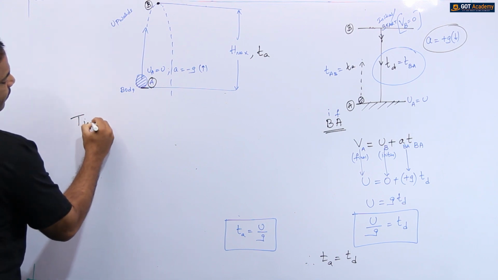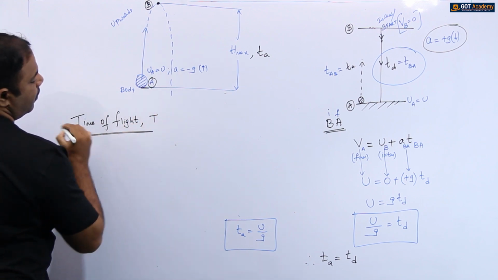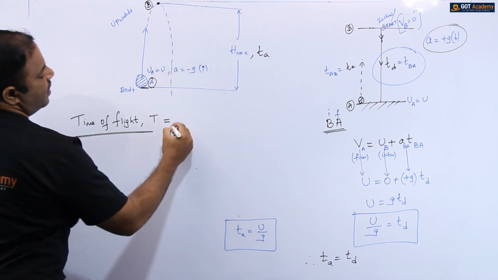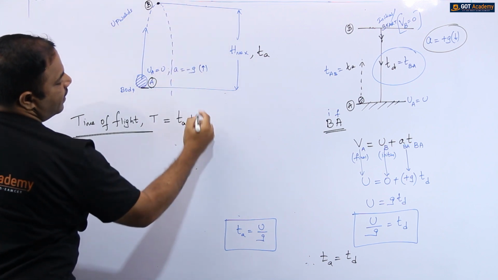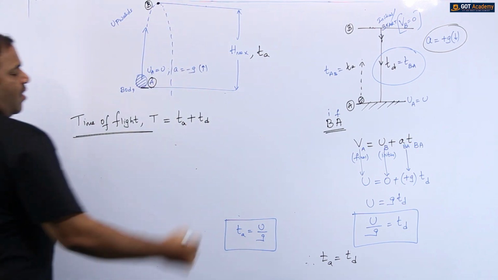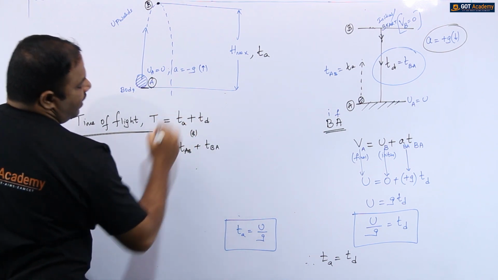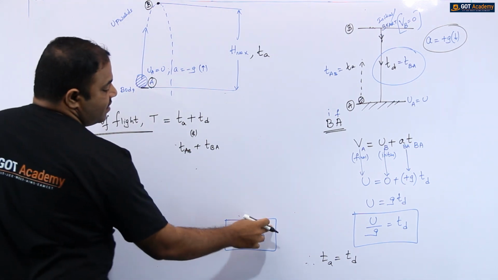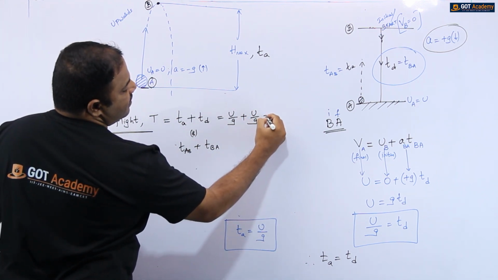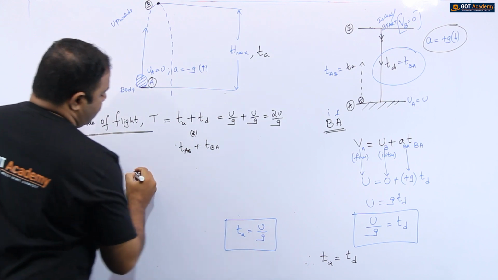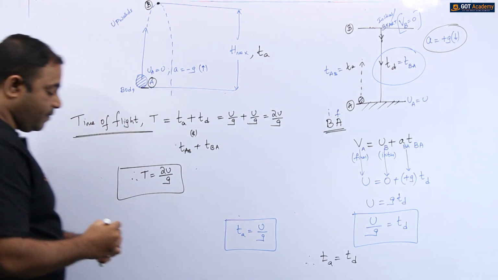Time of flight, which is represented by capital T, is equal to the total time of journey, that is the time of ascent from A to B plus the time of descent from B to A. Or you can write it as the time taken from A to B plus B to A. Now the time of ascent is u by g, plus descent is also u by g, so the answer is 2u by g. So finally, the time of flight is given by the formula 2u by g.